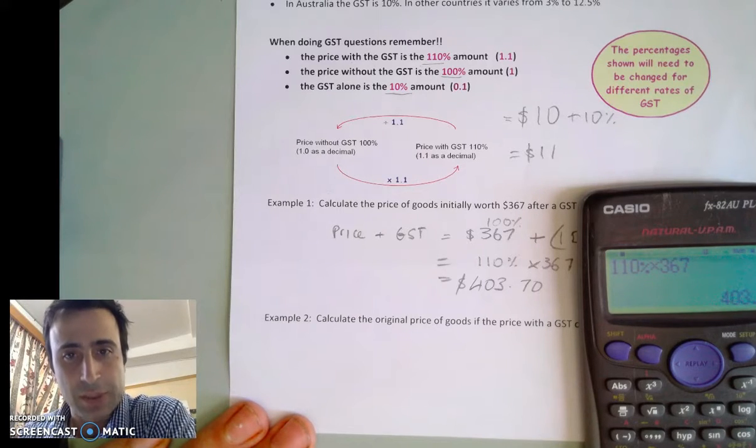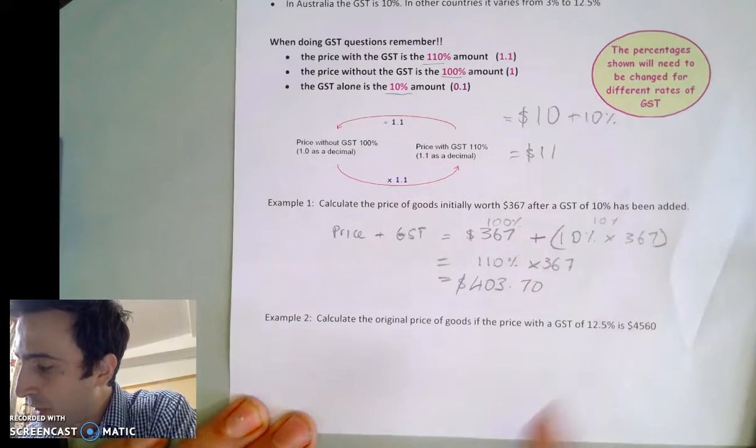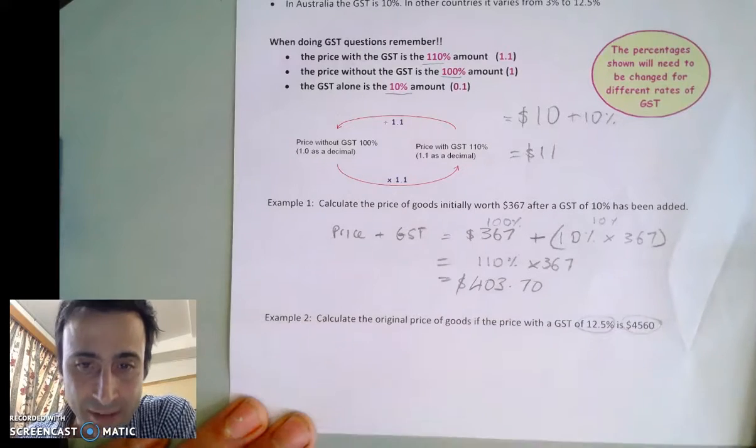The other type of question, which is the more difficult of the two, is if they give you the GST percentage and the price after the GST has been added.